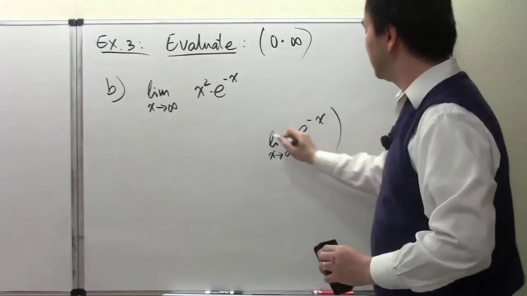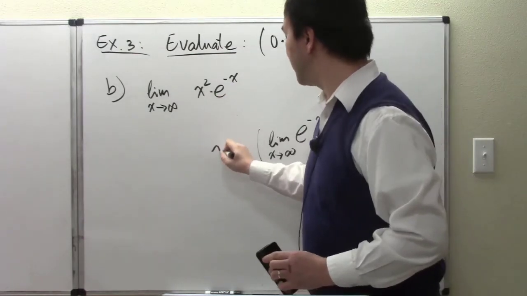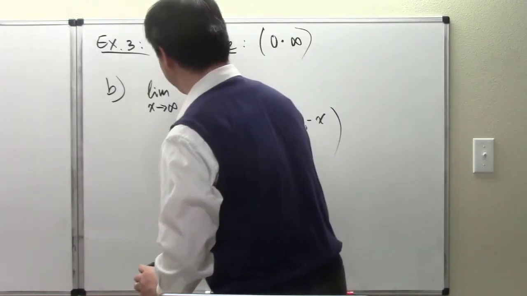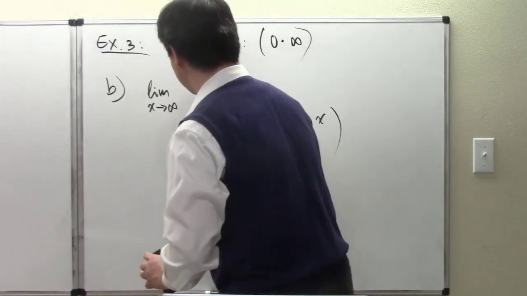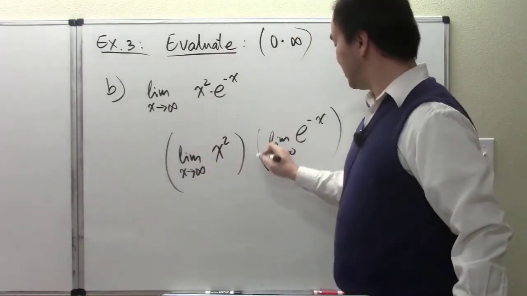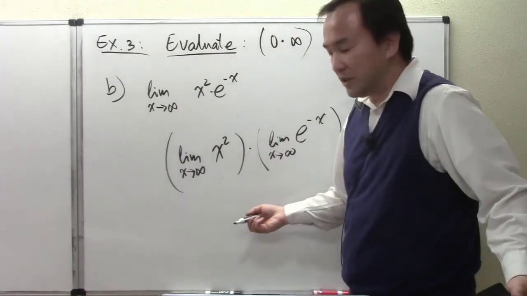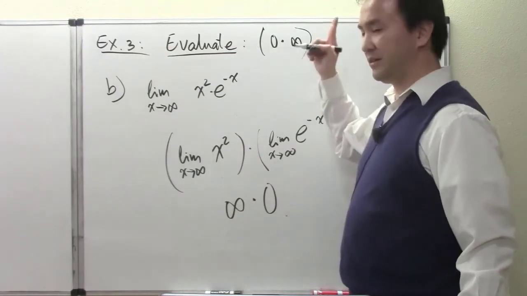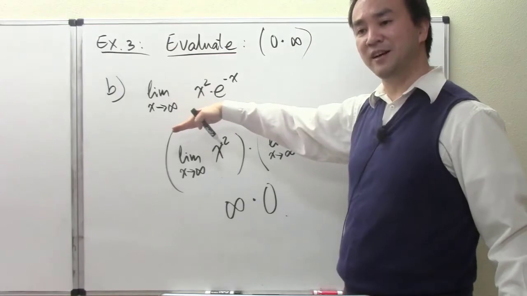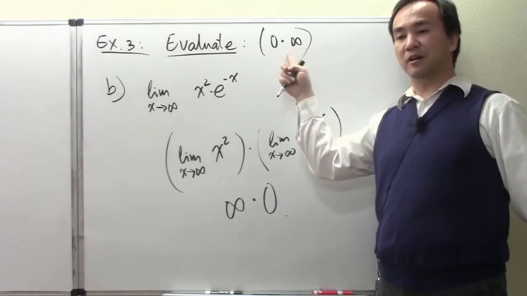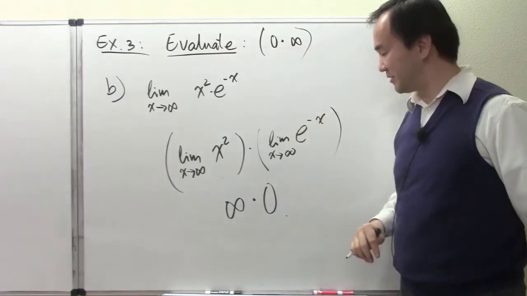But the other part of our function, x squared, we already learned by heart, is going to positive infinity. So in the end, what we have here is infinity times 0, and that's the reason why I classified this problem under the class of 0 multiplied by positive infinity.